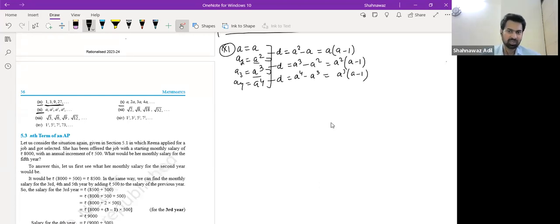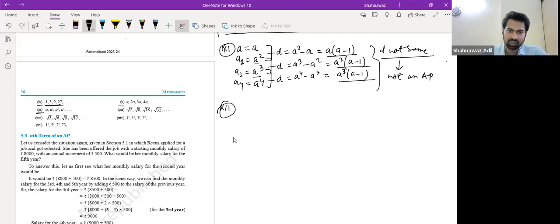So is this an AP? No, because D is not the same.